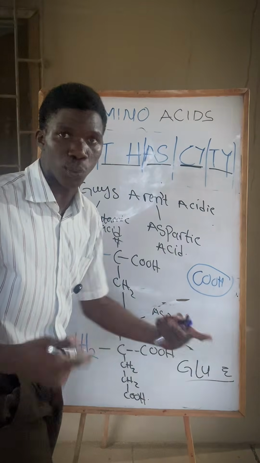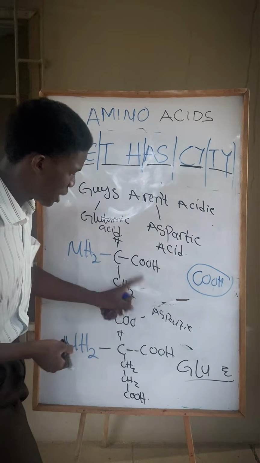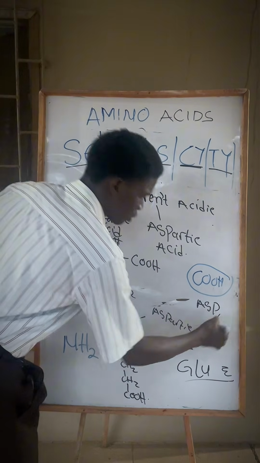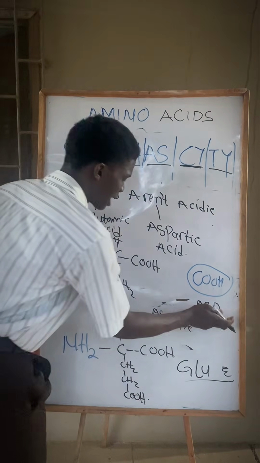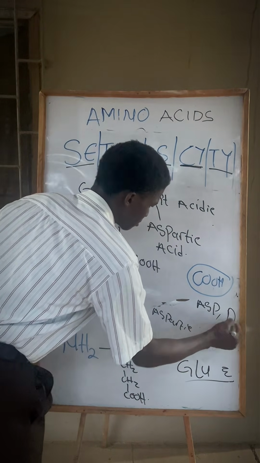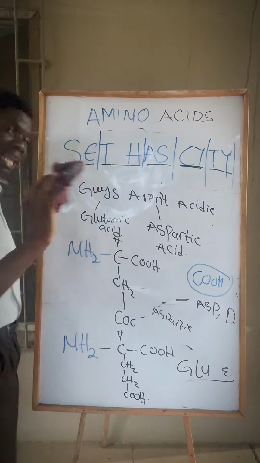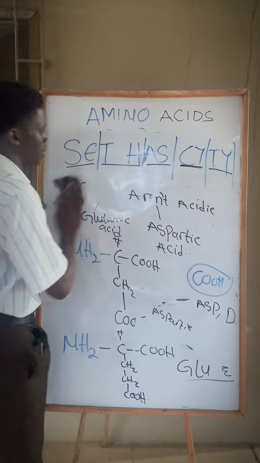For aspartic acid, it is ASP, and the 1-letter code is D. They are always following each other; after D is E. Do you understand? So the last one is just the basic amino acids, and we are done.